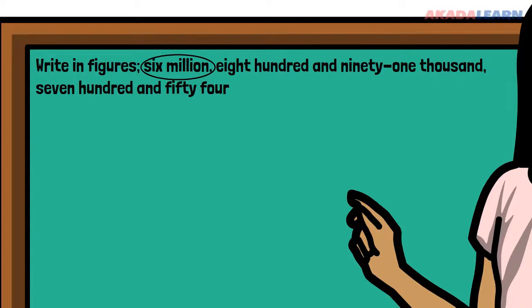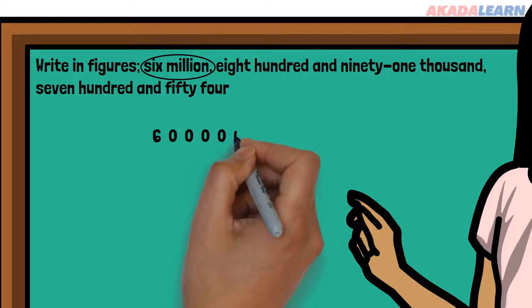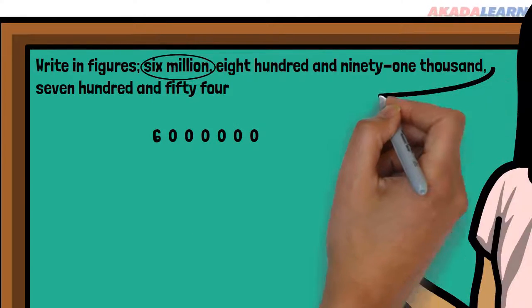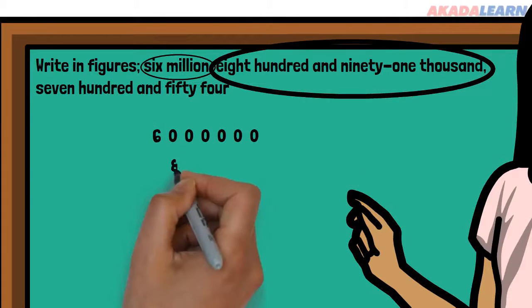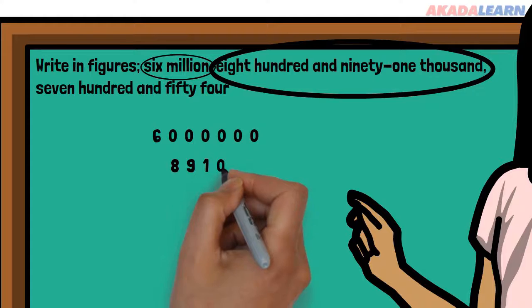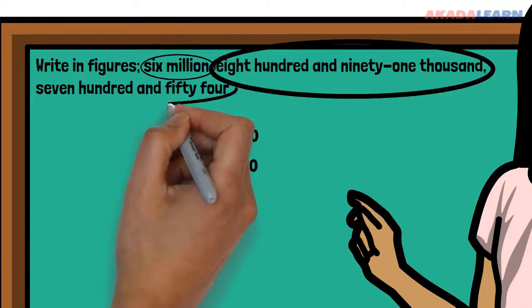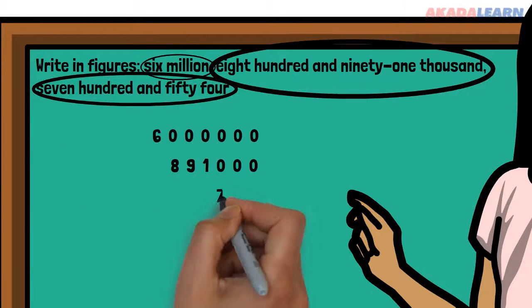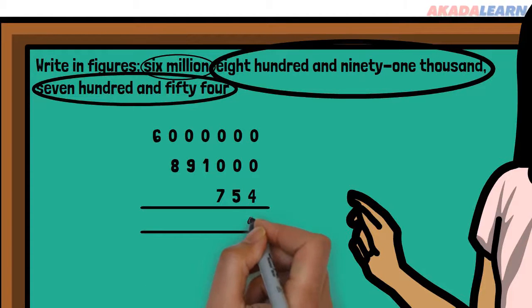Let's start with 6 million. So we know 6 million has 6 zeros, so that's 6,000,000. Next, we have 891,000, with 3 zeros. And finally, we have 754. So let's put them all down.